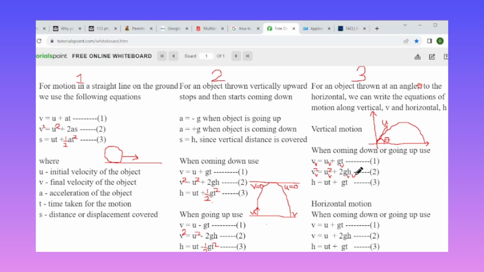Also, for equation 3, our h, which is the vertical distance covered, is equals to u vertical t plus half g vertical t squared.